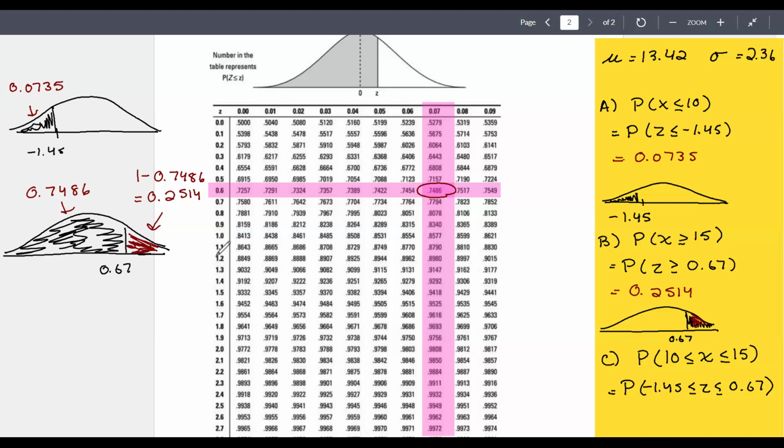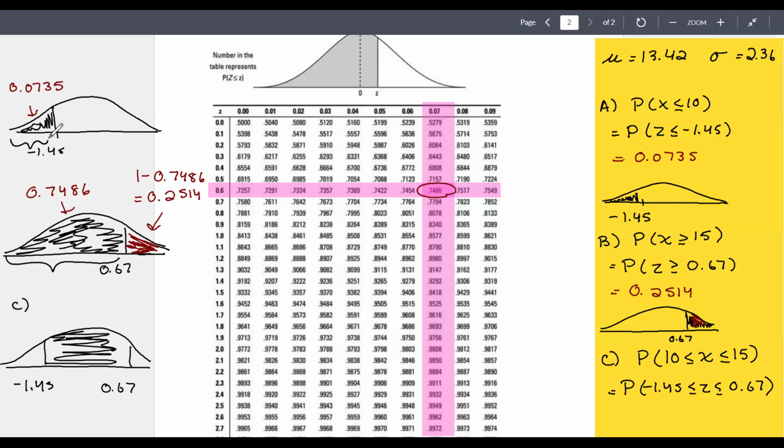Okay, so the very last bit of this, we have most of our information. So for C, I'm going to write my distribution over here for C. So we need to be in between these two scores. So like I said, I know this area, and I know this area.